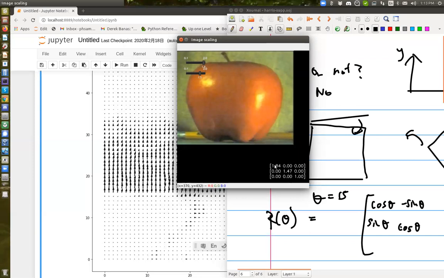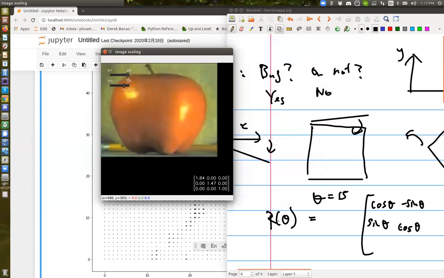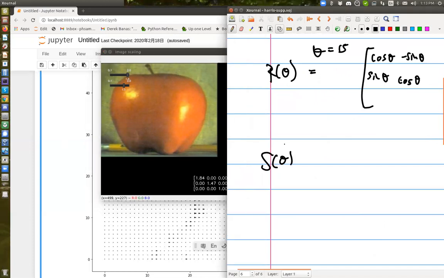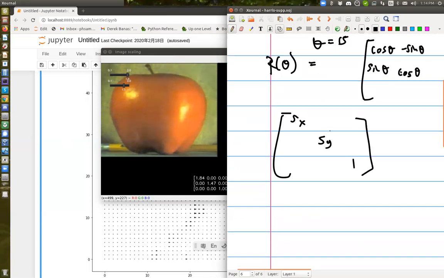If you remember, the scaling matrix, maybe I call it S, is just a scaling by x on the x-axis, a scaling by y on the y-axis, and then just one. That will be the scaling matrix.